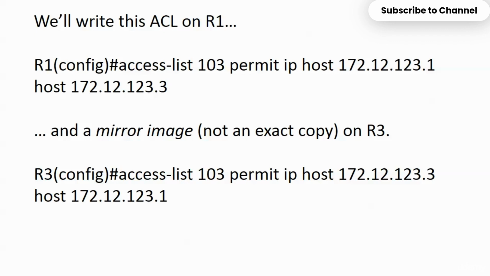So I'll write this ACL on router 1, the one we just discussed, and a mirror image, not an exact copy, on router 3, where the ACL is going to be permit ip host 172.12.123.3 host 172.12.123.1. So both routers will then be able to build a VPN with that interesting traffic.